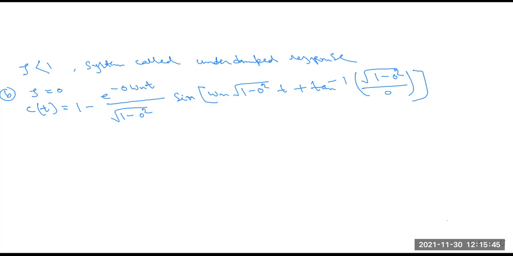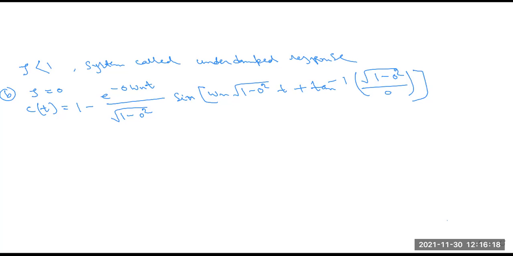Okay, is it clear to all of you? And this is called undamped oscillations. Please remember that when zeta is 0, the system is called undamped oscillation or undamped response.